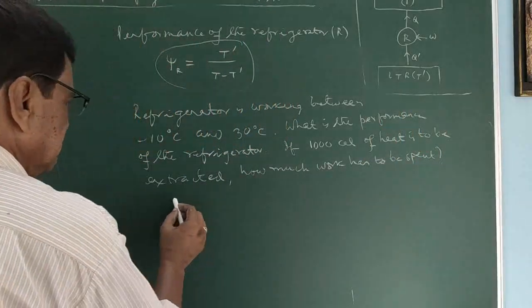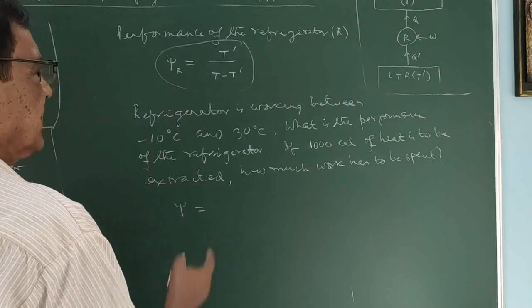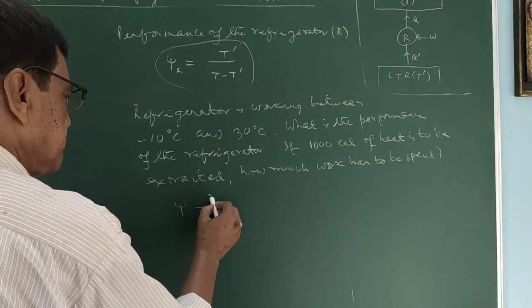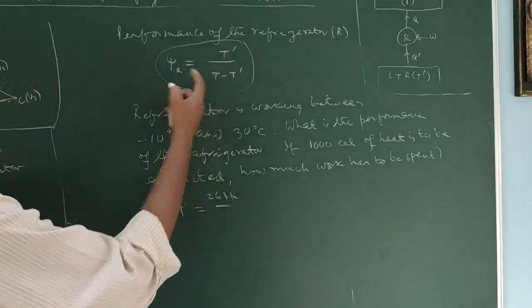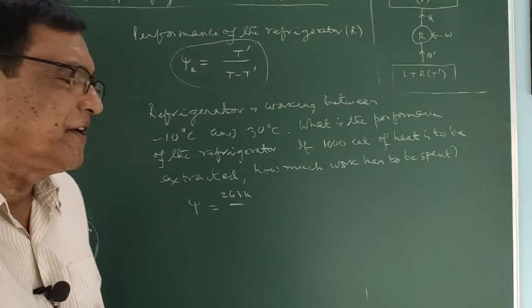So the performance of this refrigerator equals T dash divided by T minus T dash. T dash means minus 10 degrees centigrade, that is 263. It must be remembered that these temperatures are always in the Kelvin scale and not degrees centigrade.